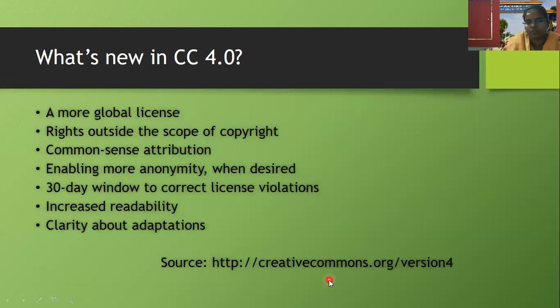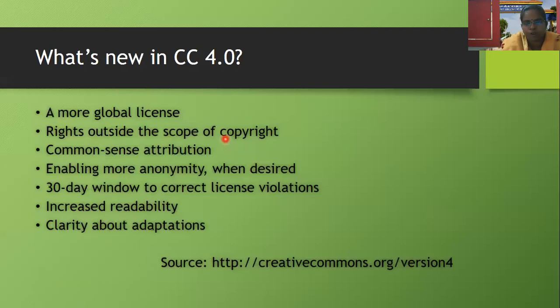Now we have the new version, that is CC 4.0. This new version is available nowadays. Version 4.0 has several features. It is a more global license.